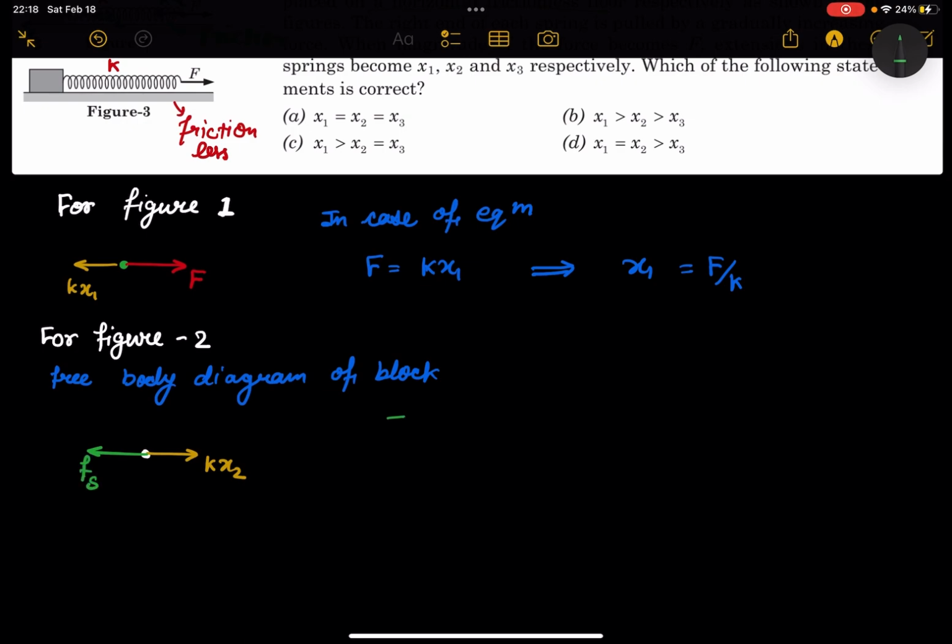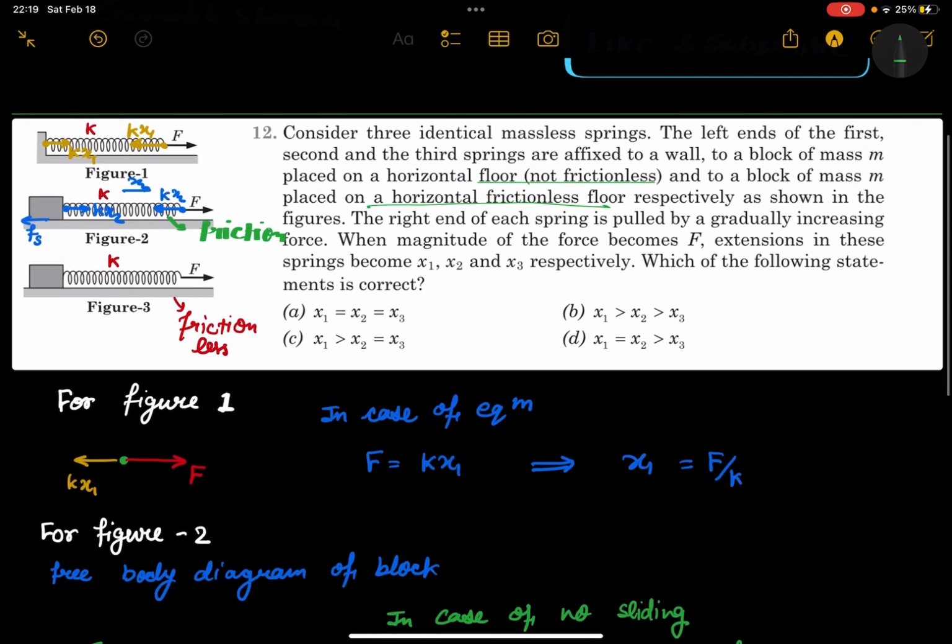So in case of no sliding, we can say that kx2 is equal to Fs. So x2 is equal to Fs by k.